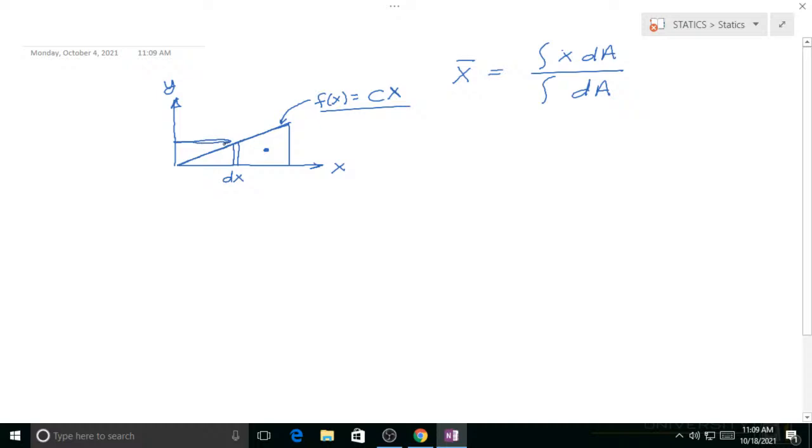That was supposed to be a straight line in which you could figure out the height of this little thing. So the d area of that little strip is equal to the height of it, which happens to be the f of x, which you could write as y, times dx.